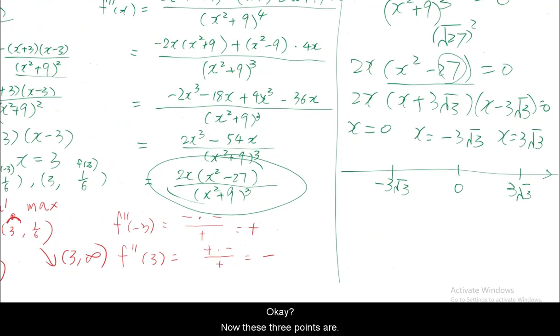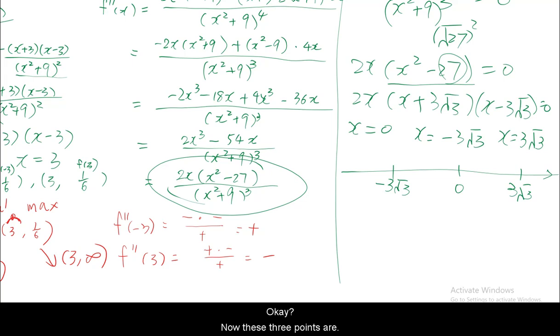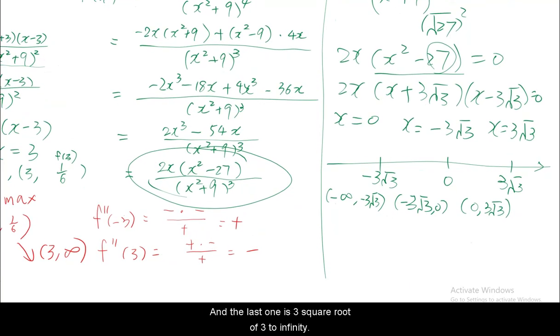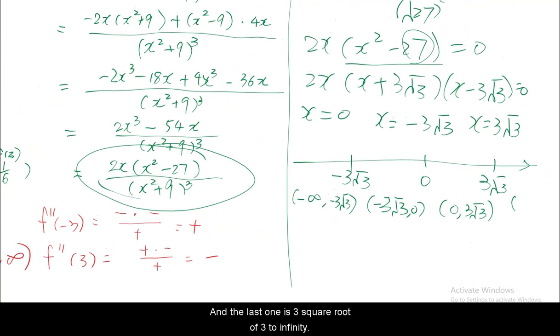Okay, now these 3 points are cutting our number line into 4 intervals: negative infinity to negative 3 square root of 3, then negative 3 square root of 3 to 0, then 0 to 3 square root of 3, and the last one is 3 square root of 3 to infinity. Okay, 4 intervals. We'll pick a test point in each interval.